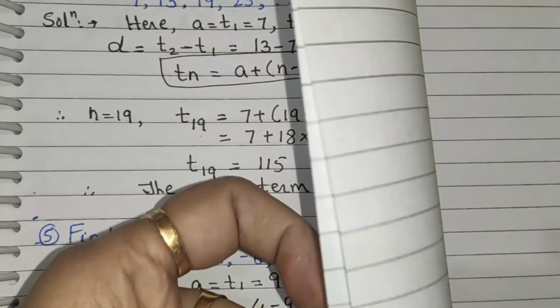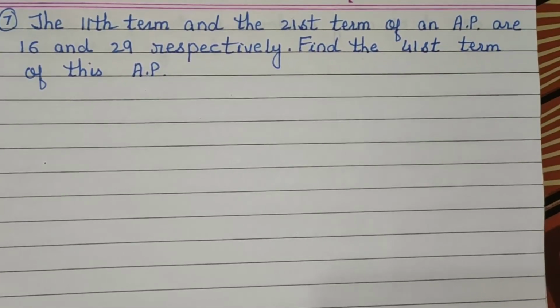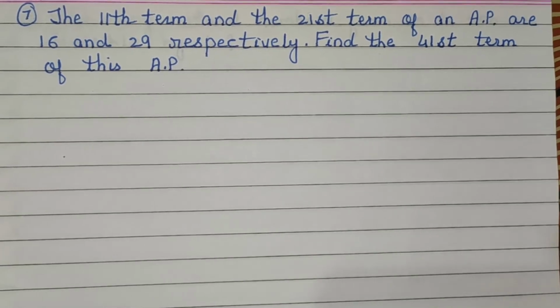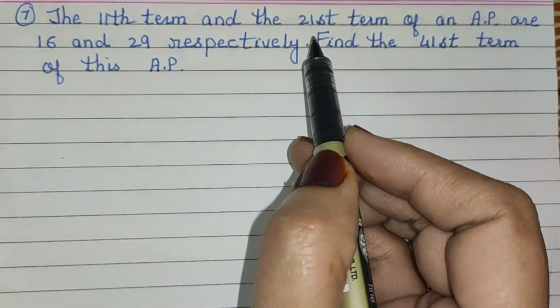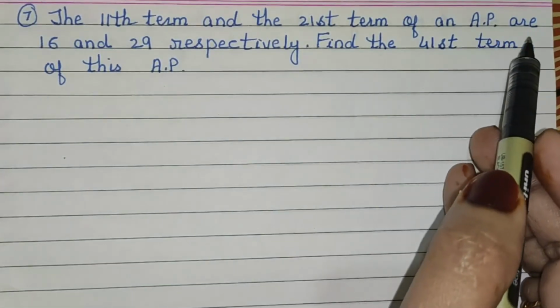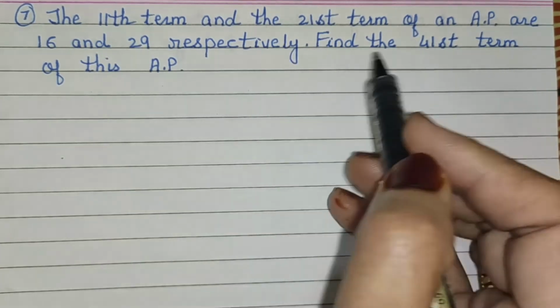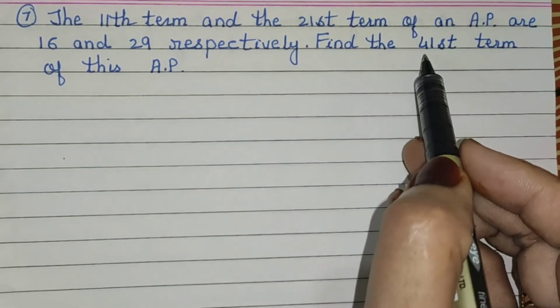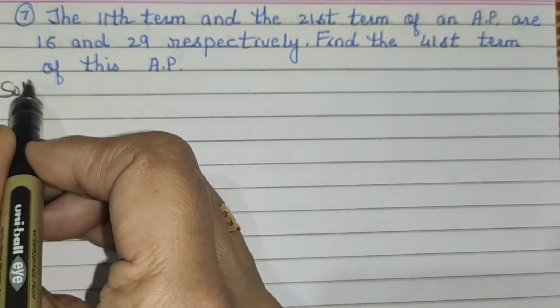Now the next question is: the 11th term and the 21st term of an AP are 16 and 29 respectively. Find the 41st term of this AP. Write down the solution here.